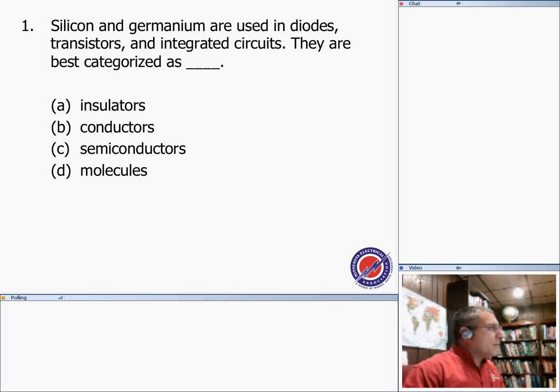The first one says silicon and germanium are used in diodes, transistors, and integrated circuits. This is categorized as, and our answer was, semiconductor. If they are conductive material, they are conductors. If they are semiconductors, they are used for electronics, and if they are insulators, they are not conductive at all and can be used for insulation.